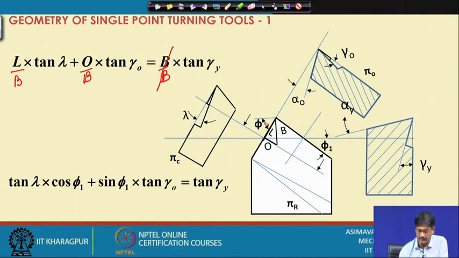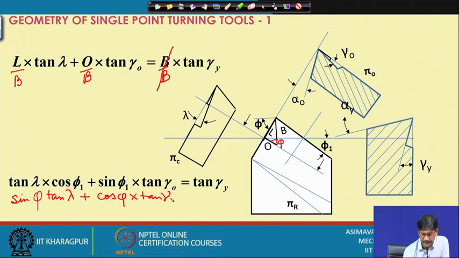If this is phi, this must be phi, and therefore, we can say L by b is equal to sin phi, and therefore, we write sin phi into tan lambda plus the other one is O by b, that must obviously be cos phi into tan gamma O equal to tan gamma y.